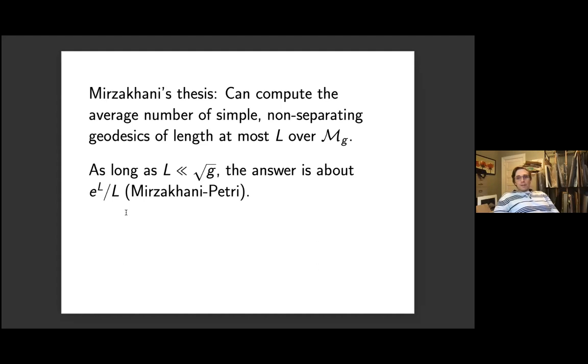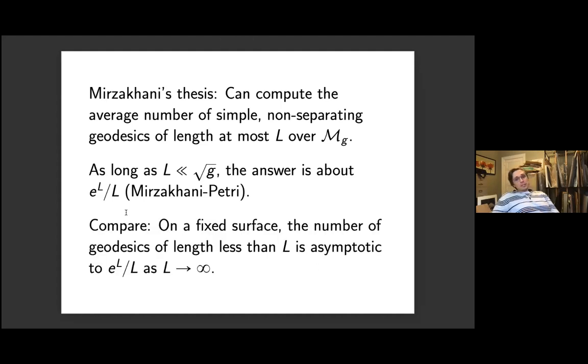So this is quite fascinating if you're an expert in this area. And you'll instantly be comparing this to an old result of Huber that was reproven by Margulis, and it now is very general. But in particular, it says on a fixed hyperbolic surface, the number of geodesics of length less than L is asymptotic to e to the L over L as L goes to infinity.